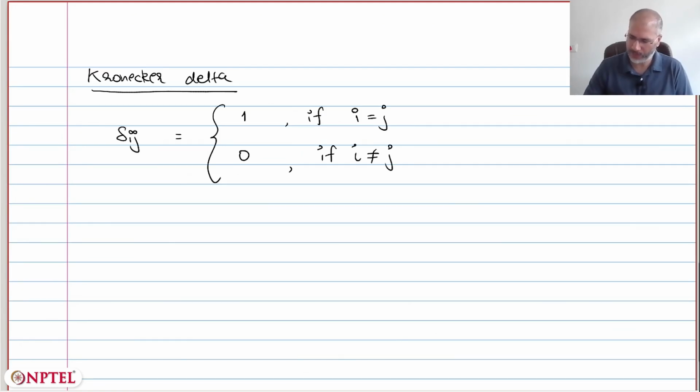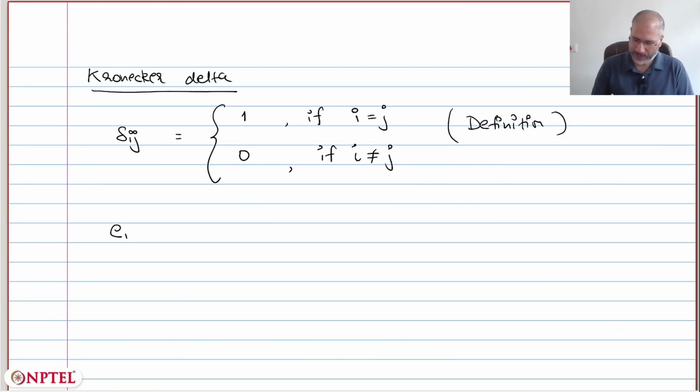Remember, this is a definition. It's a very important and very useful symbol, and the motivation behind delta ij, as you may already have guessed by now, is the vector dot product. So let's see how this helps us in the vector dot product.